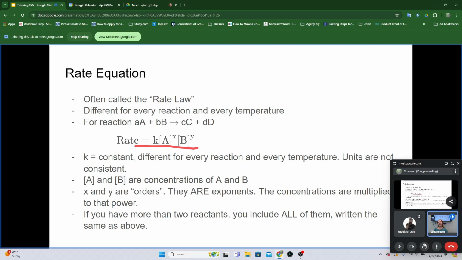So within the brackets, the same thing as before. When you have those special square brackets, that means concentration of. I talked with you, Elijah, last week about chapter 14, and you said it's so hard, and I said no, it's easy.